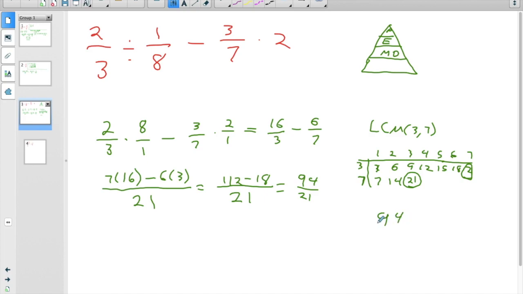Well, 94 divided by 7. We have 7 going into 24, which it does 3 times, but that does not divide evenly. So this clearly does not have any reducing factors. So this is our final answer.